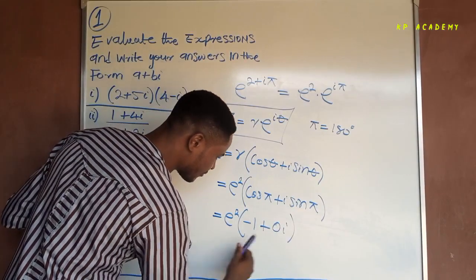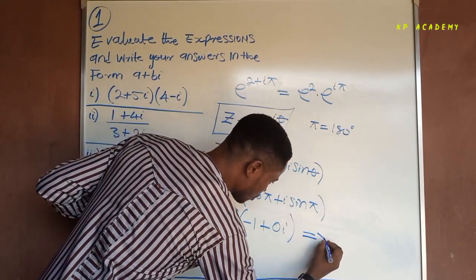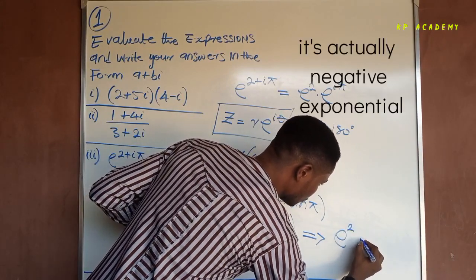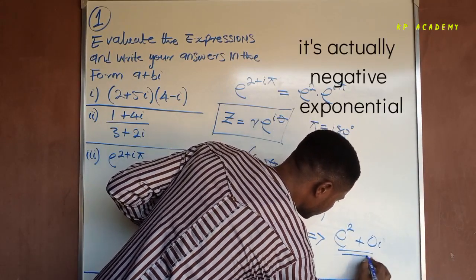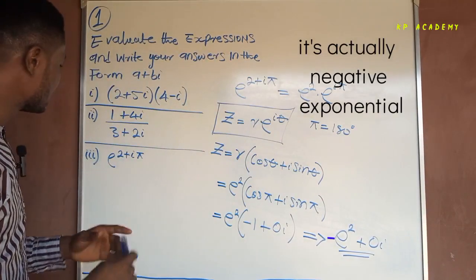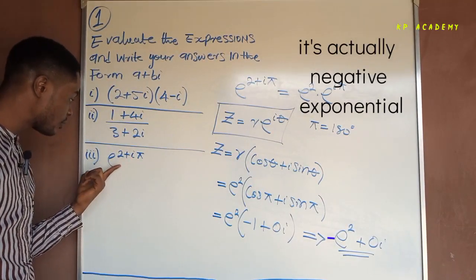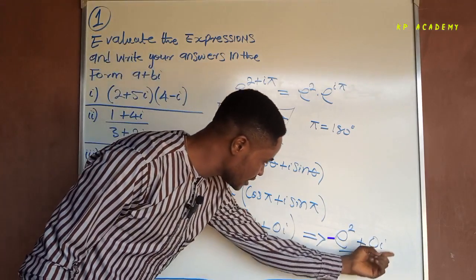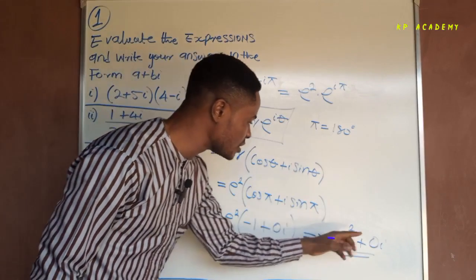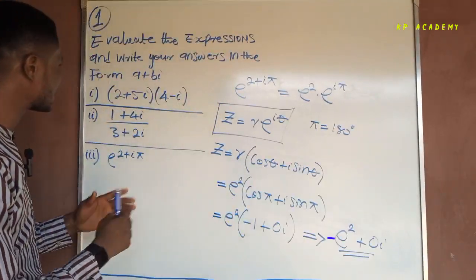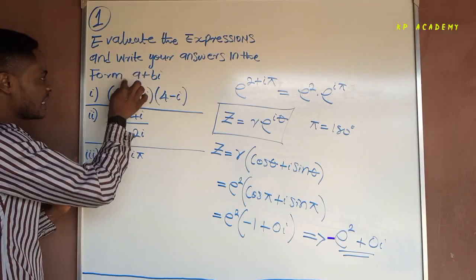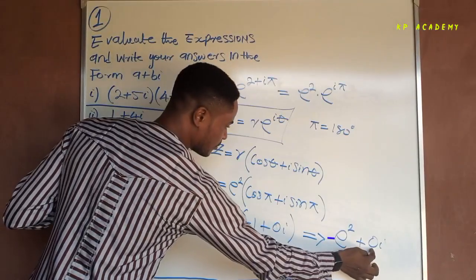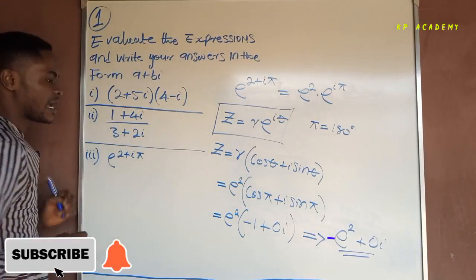So now expanding this further, you find that the whole of this is equal to exponential 2 plus 0i. Alright, so it therefore means that exponential 2 raised to power exponential 2 plus i pi is equal to this which you see. So this is more like saying exponential 2 only. So, but because the question has said put it in the form of a plus bi, the a part now is this exponential 2 you see, and this 0i is this bi you see here.